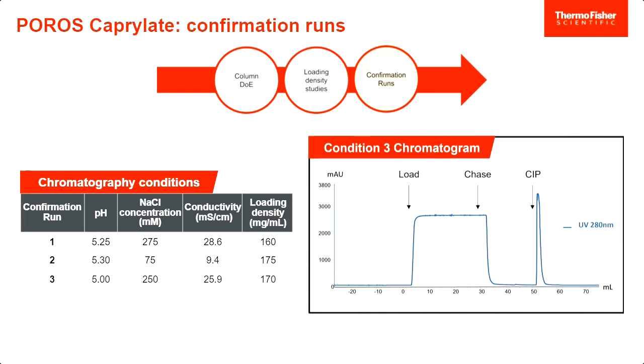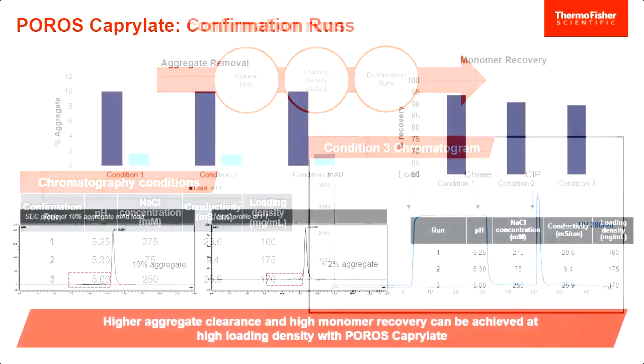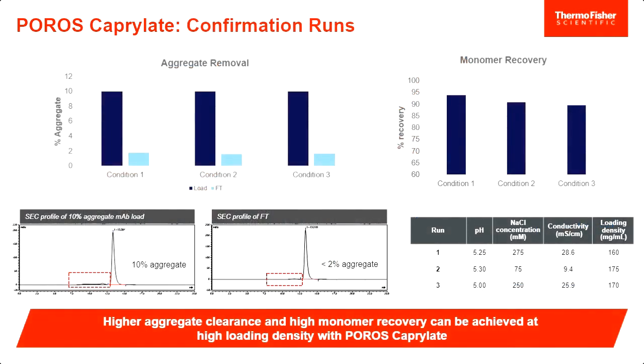The SIP peak that you see here contains the aggregates bound during the load. All 3 confirmation runs showed consistent reduction of aggregate from 10% in the load to about 2% based on SEC HPLC data.